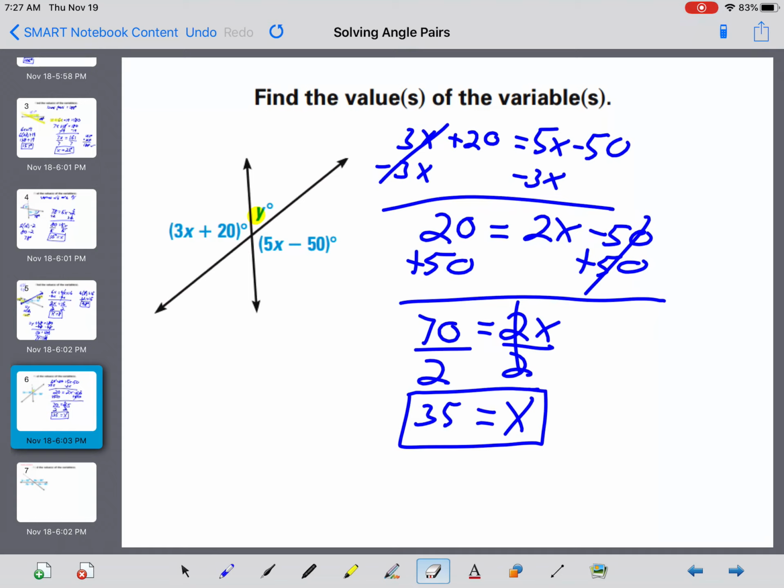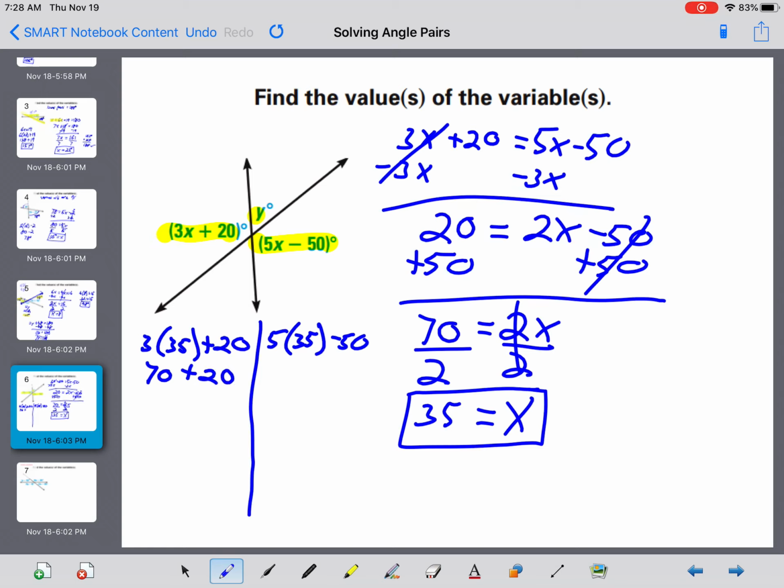Okay, knowing that x equals 35, we can solve for the two angles with x. 3 times 35 plus 20, and I can also solve for 5 times 35 minus 50. 3 times 35 is 70, plus 20 makes 90, so this is 90 degrees. And 5 times 35 minus 50 is 125.